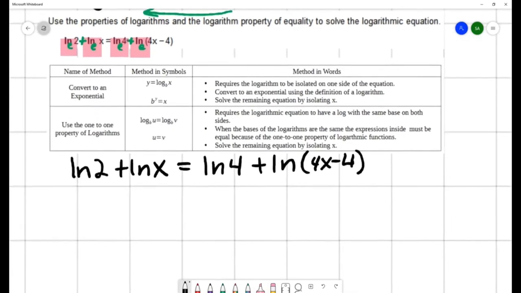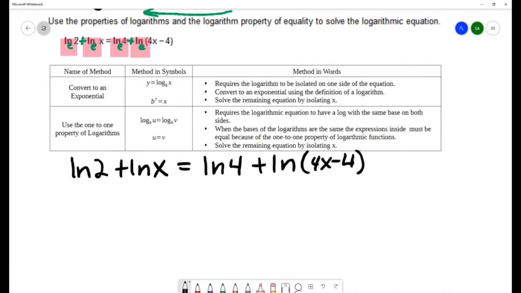So we're going to use that product rule for logarithms and condense to a single log with multiplication. It becomes multiplication because we have the sum of two logs with the same base, so that's 2 times x.